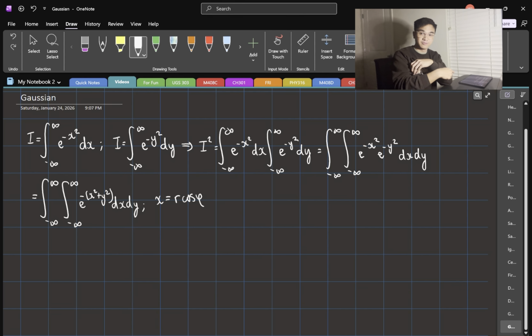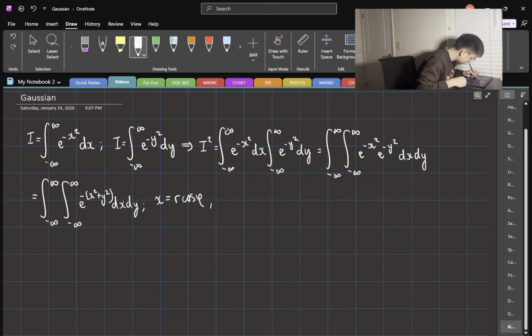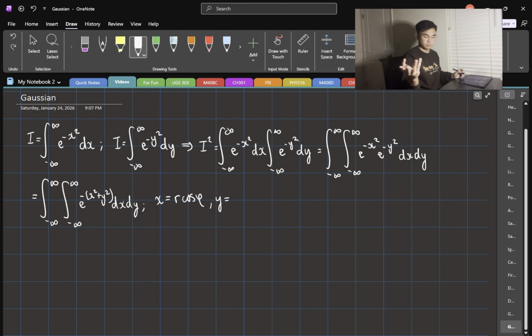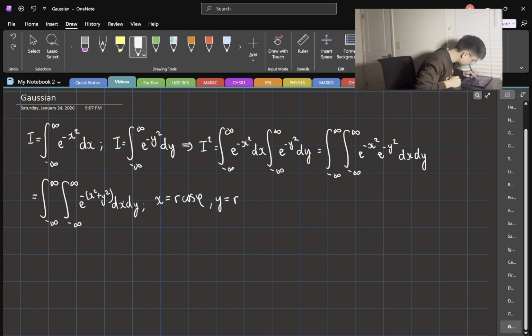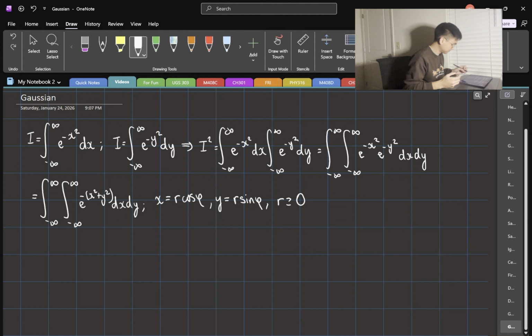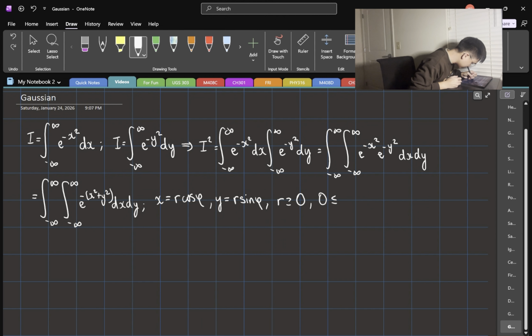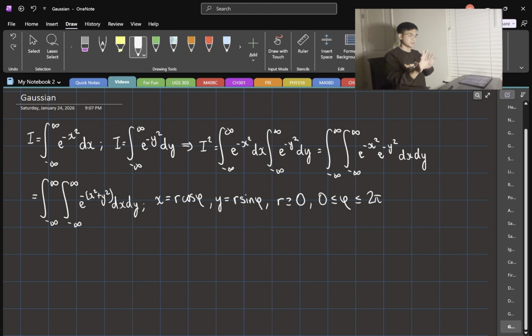I'm going to define what r is in a second, and what phi is in a second. So that's x, and y will be r times the sine of some angle phi. Here, r is greater than or equal to 0, and phi is within the following interval from 0 to 2 pi.